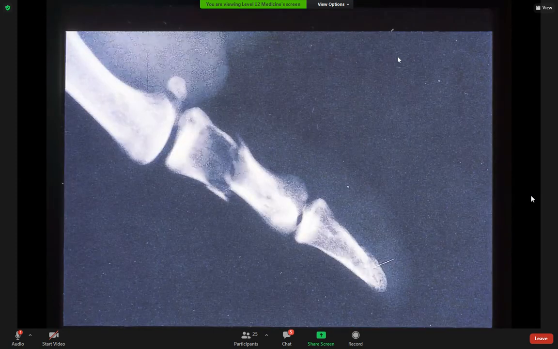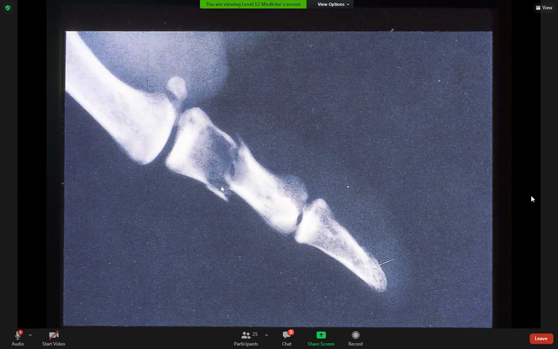As you can see here, a pathological fracture. Most likely it comes in the phalanges of the finger, but it can be in any site in the bone, though most likely it is in the phalanges.